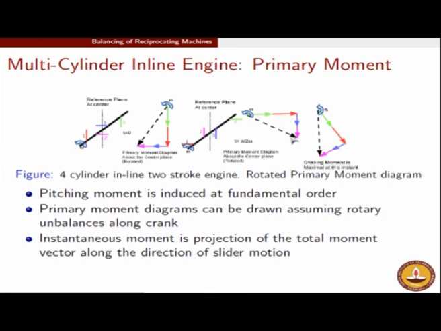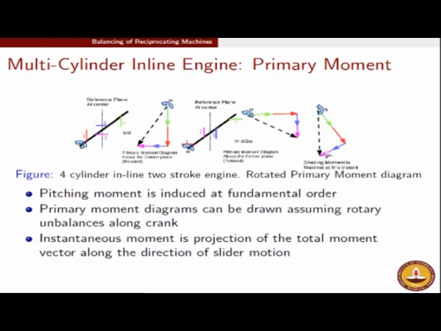Again the dotted arrow represents the total rotating moment, but we must take the x component of it, which means the total moment hitting our frame is actually this much. But there will be some intermediate configuration wherein this dotted arrow will exactly align itself in the x direction.